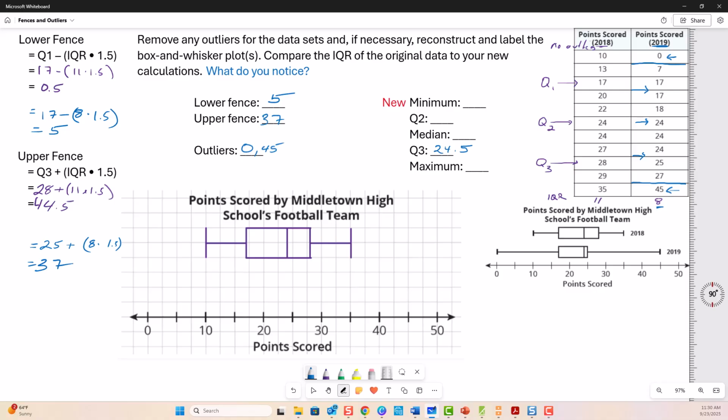So my minimum is now 7. My median is still 17, between 17 and 17. My third quartile is 24.5, and my maximum is now 27. Please review the previous video if you don't remember how to create the box and whisker plot.